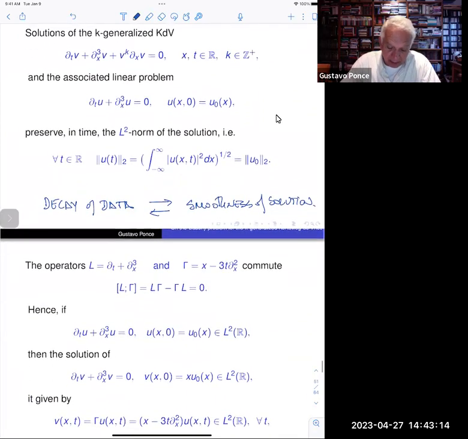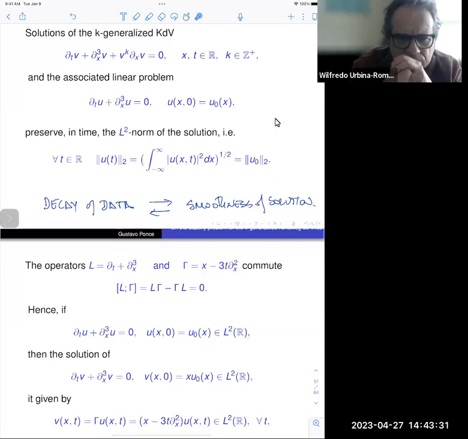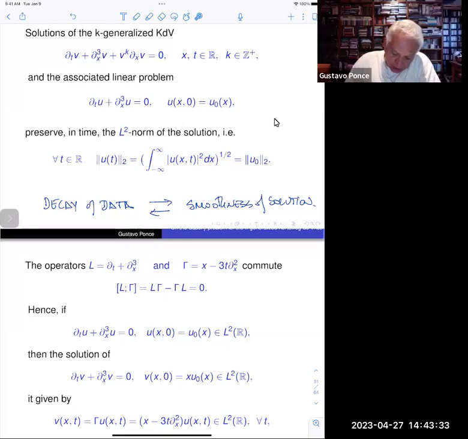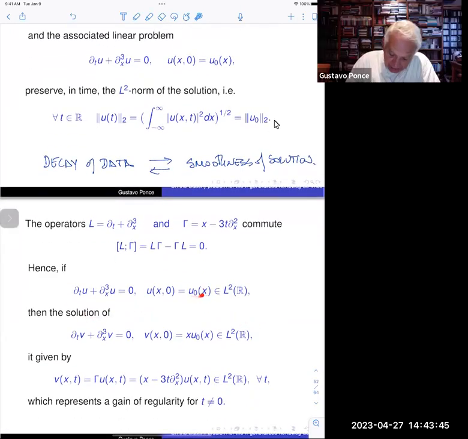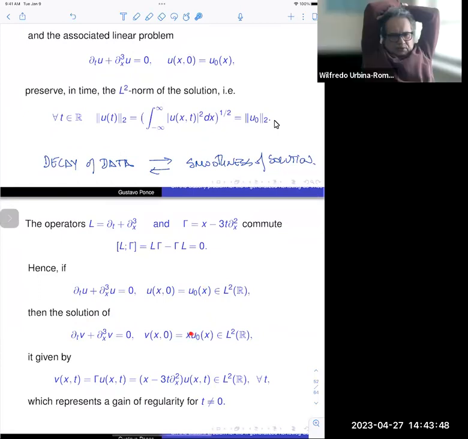Okay, let's see the simplest case. This is the operator that gives you the linear part. This operator commutes with this one. And that's a very simple computation. Therefore, suppose that you want to solve this problem, you know how to solve this problem, and you have a solution of this, and then you want to find a solution of this one that is the same data, but multiplied by x.